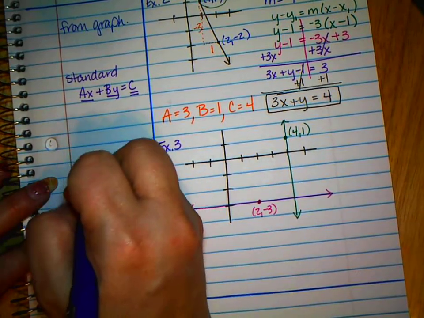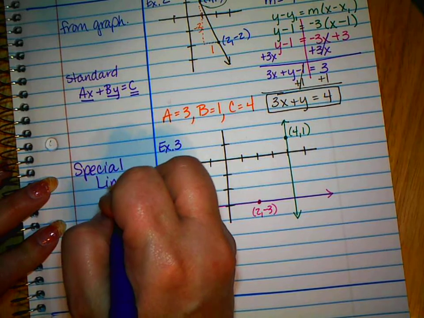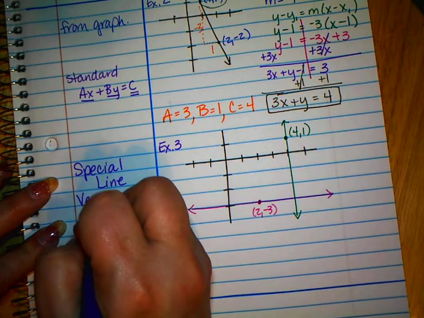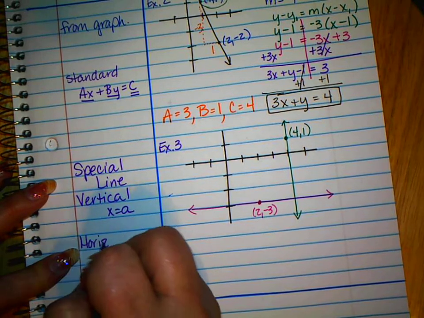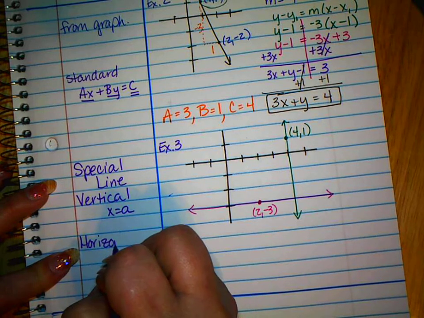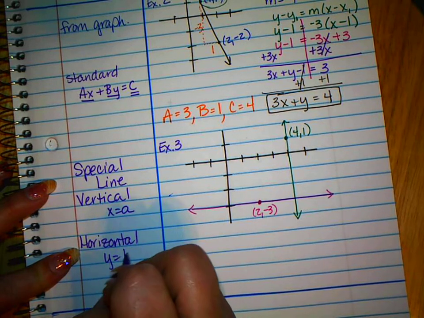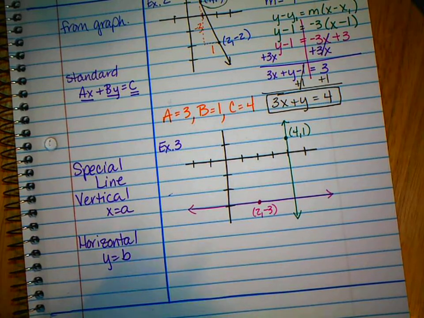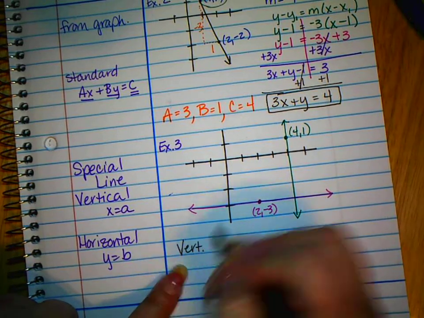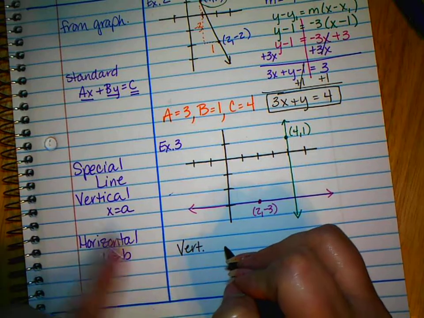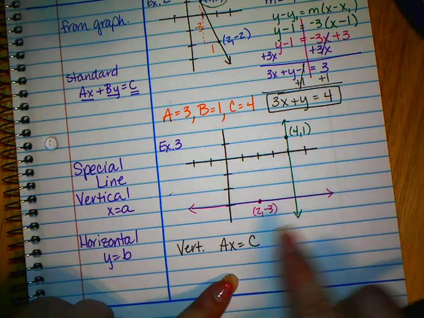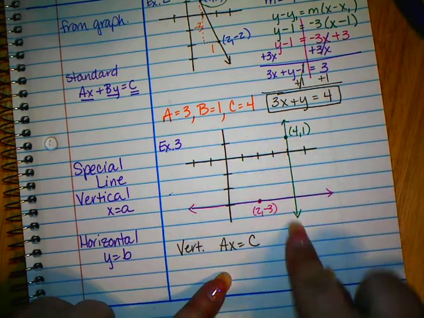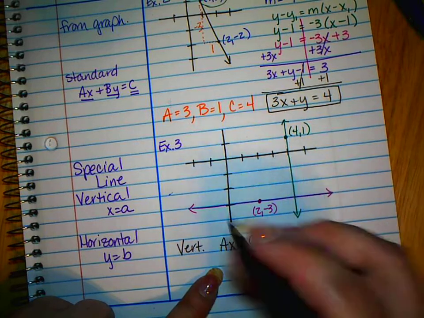Remember, these are our special lines. We have our vertical, x equals a, that's what you've seen in the past. We have our horizontal, which is y equals b. So, our vertical, which is actually ax equals c, is going to be the vertical, x equals 4.